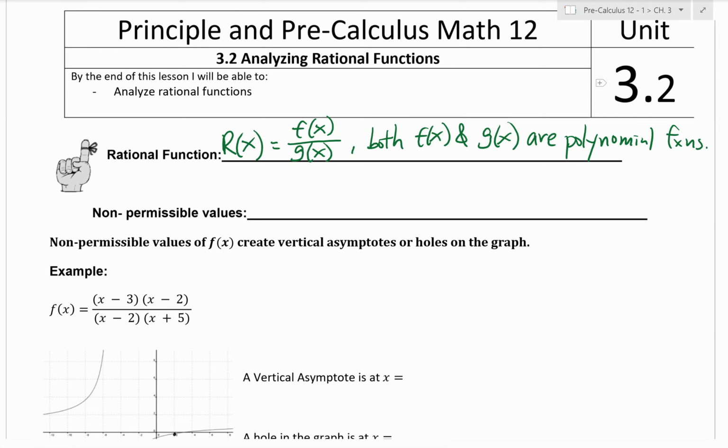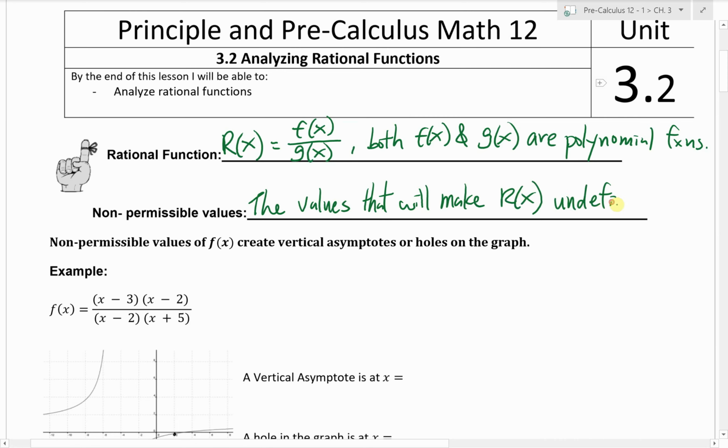So that's what we call the non-permissible values: the values that will make r of x, this rational function, undefined.